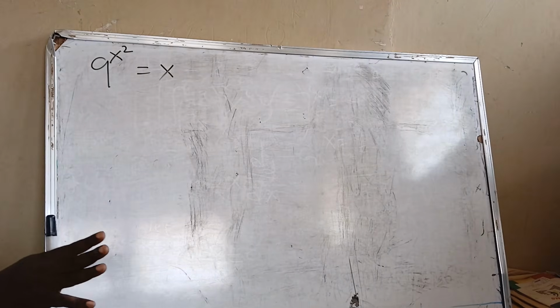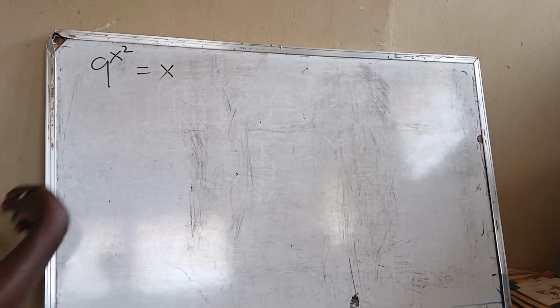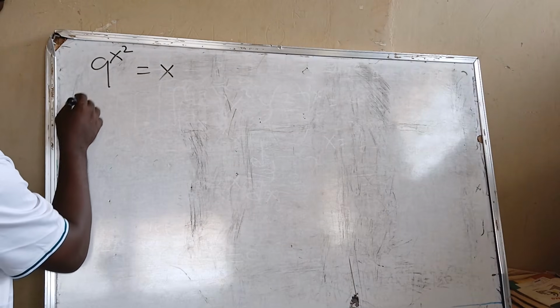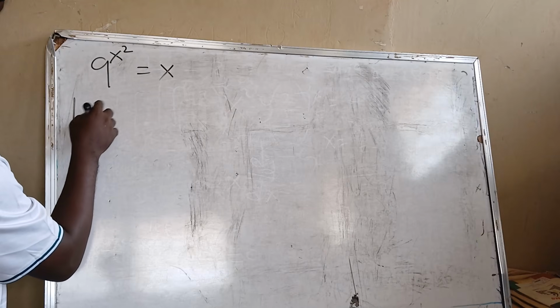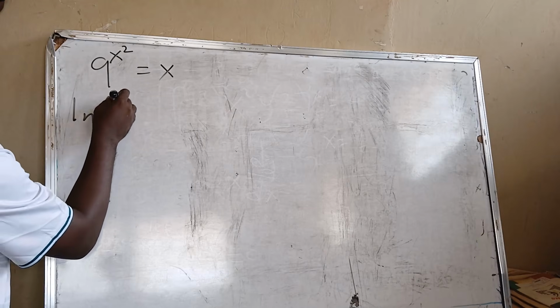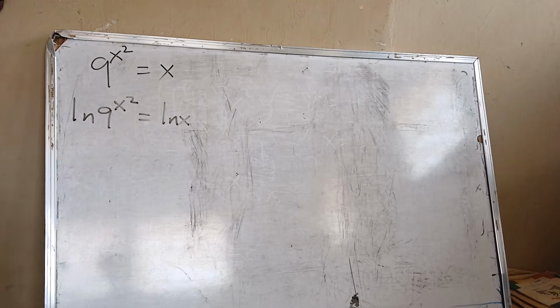And the only way out is to take log on both sides. So what I'll do here is to go by the natural log. So we have ln of 9 raised to x squared equals ln of x.